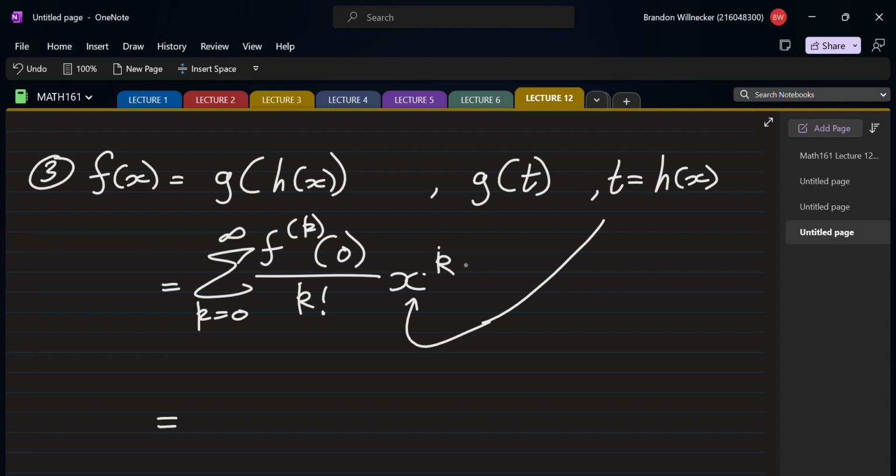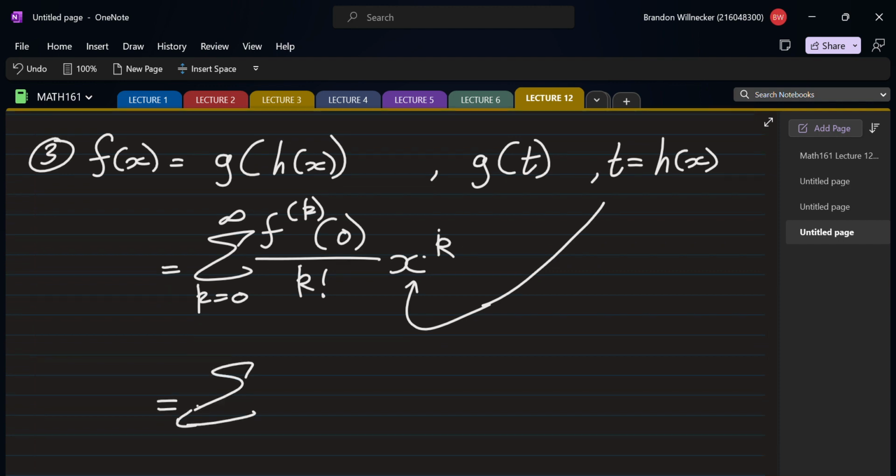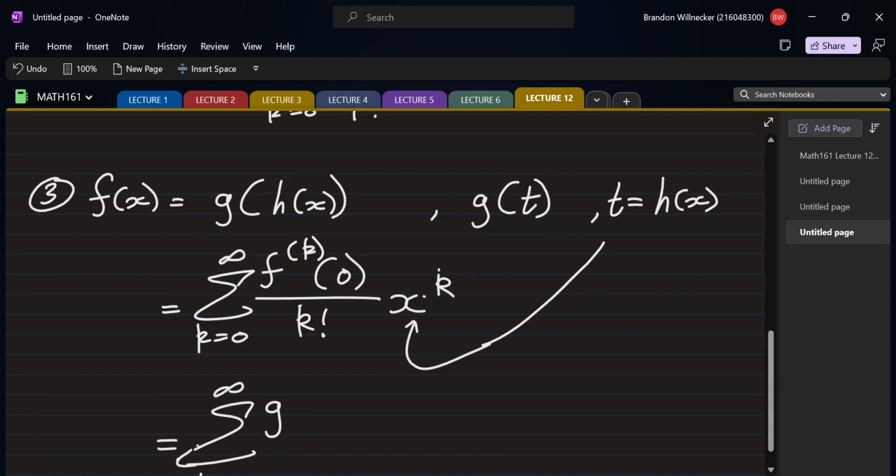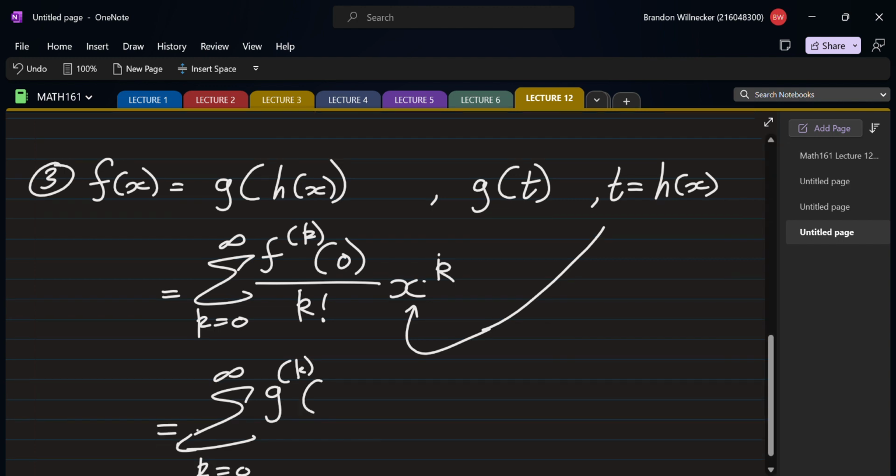So if we think about that, this will be the sum from k equals 0 to infinity, the kth derivative at 0 over k factorial, and then here for the x to the k, we substitute the h of x.